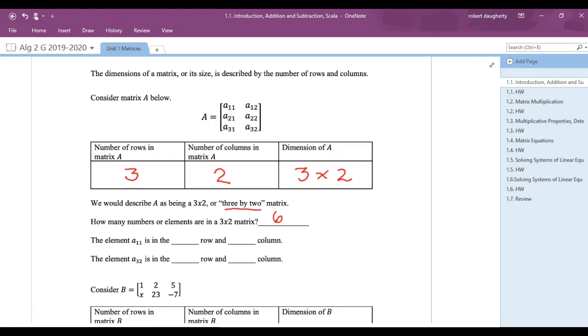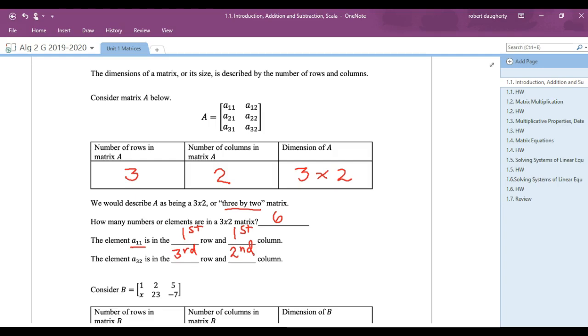So this element A11 is in the first row and the first column, okay? This element is in what row? Yeah, third row and the second column, okay? So that's just a notation that we use. If you see something like the element A22, that's the element in the second row and second column.